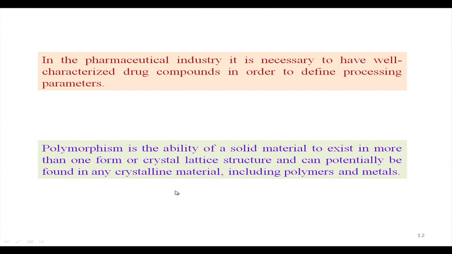So if they exist in two different crystal lattice forms, one polymorphic form and another polymorphic form, for a drug material we know that in one polymorphic form it is active, but the other may not be. So the characterization of their polymorphic nature can be done very nicely with this particular technique for their complete analysis. Okay, thank you very much.